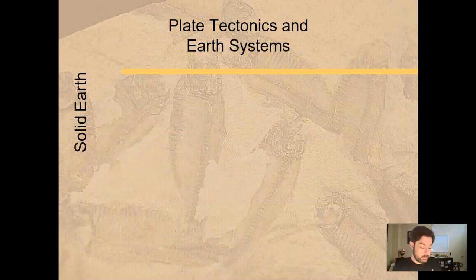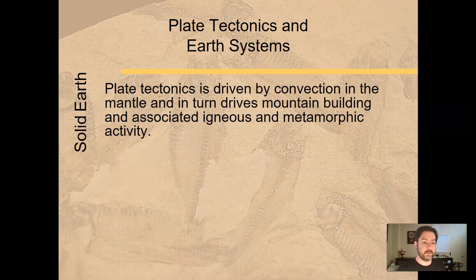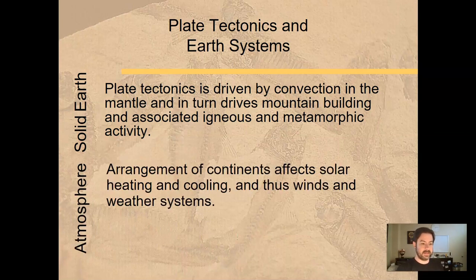So what's the impact, now that we understand plate tectonics, on Earth's systems? For the solid Earth, plate tectonics is driven again by convection in the mantle, and it's what drives mountain building, volcanic activity, earthquakes. What drives the rock cycle? More on that in a later unit. How is it connected to the atmosphere?